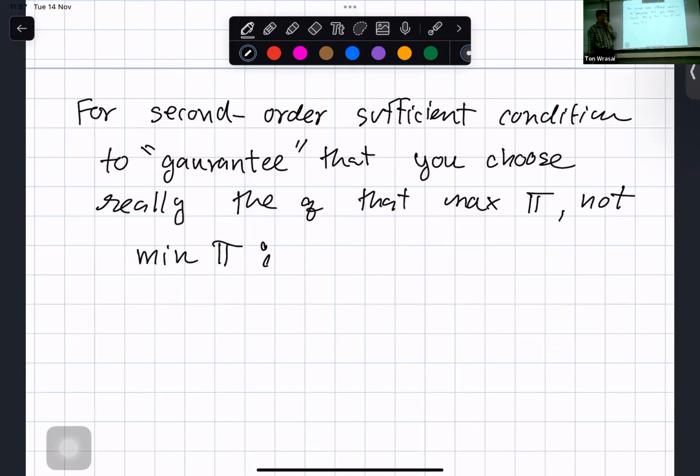You choose the peak of the profit mountain, not the bottom of the valley of that profit curve. What is this?